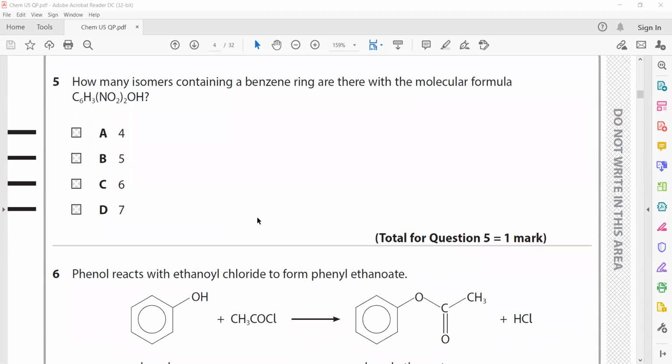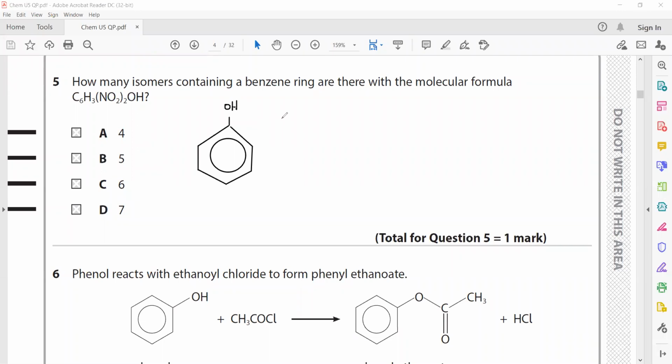How many isomers containing a benzene ring are there with a molecular formula of C6H3(NO2)2OH? So we have to draw the possible structures. When we draw the benzene ring, there is OH.